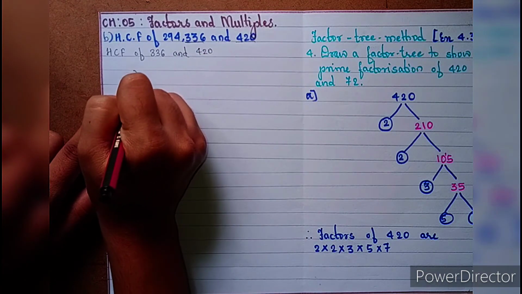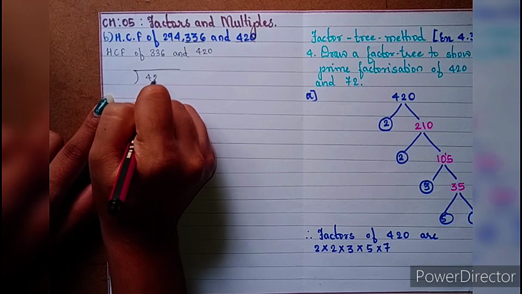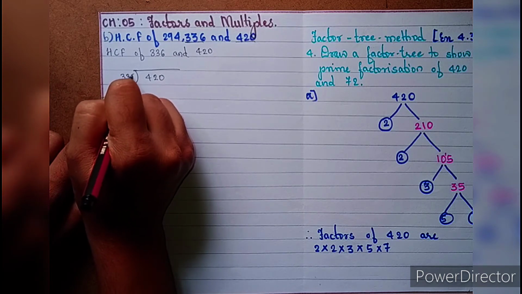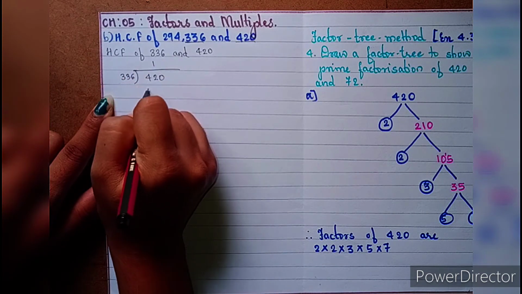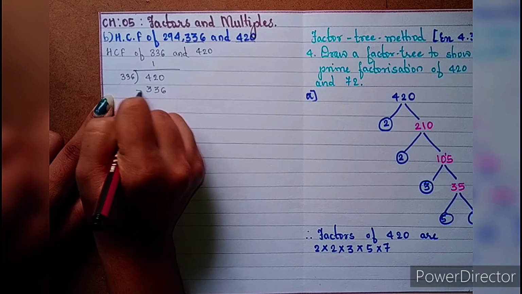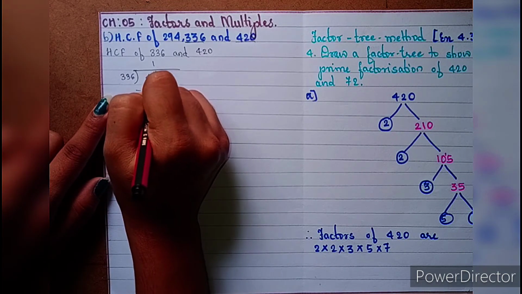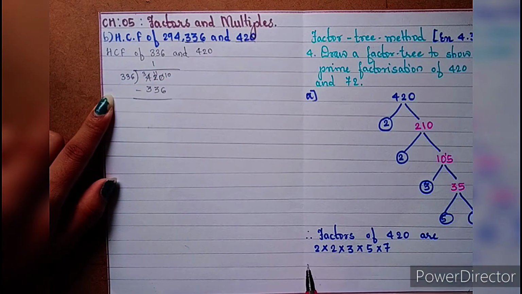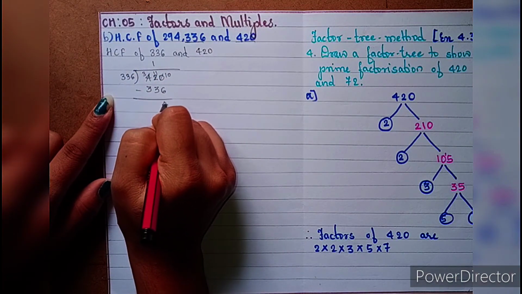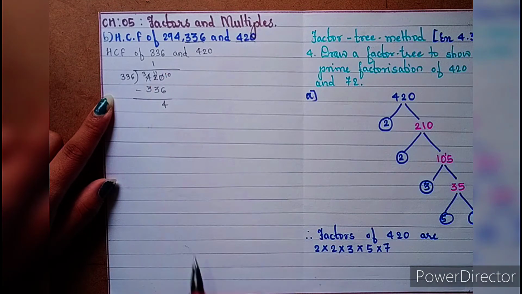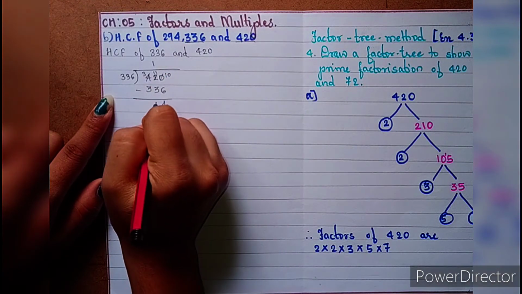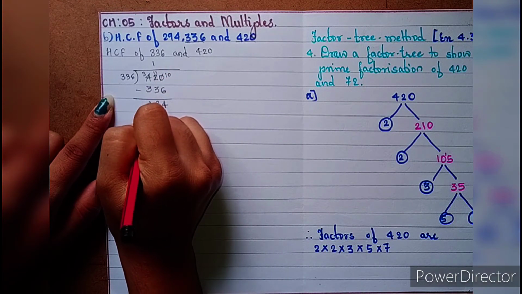So let's divide 420 by 336. So 336 ones are 336. From 10, okay, make it 10, make this 11, make this 3. So from 10, 6 goes out, remains 4. From 11, 3 goes out, remains 8. And from 3, 3 goes out, remains 0.